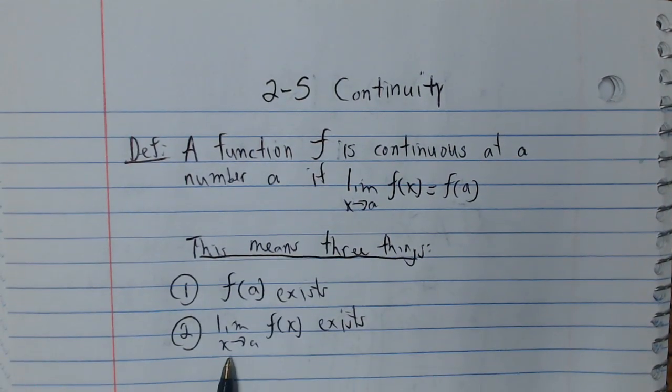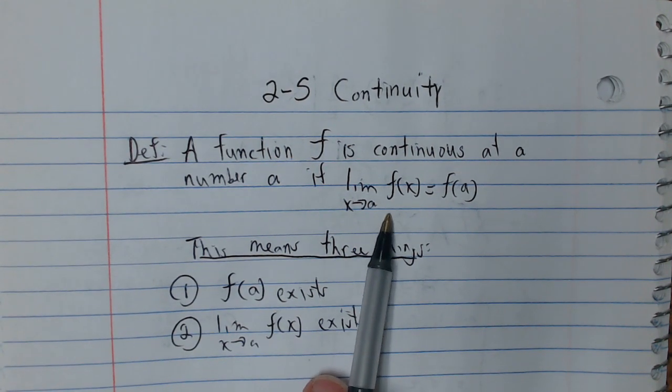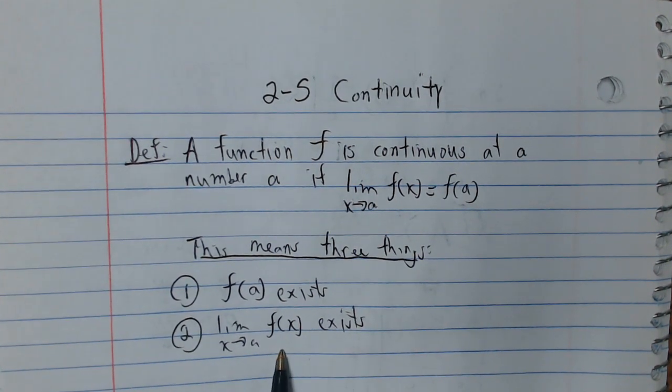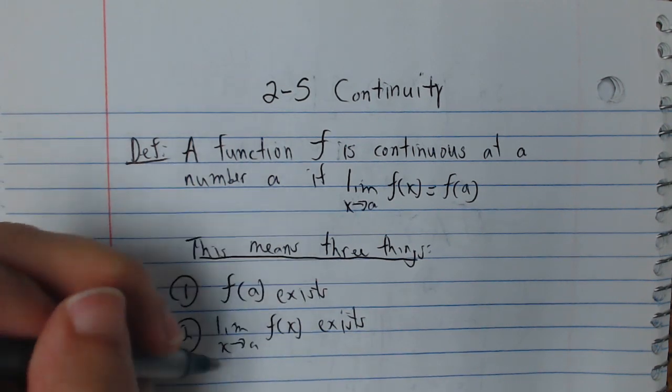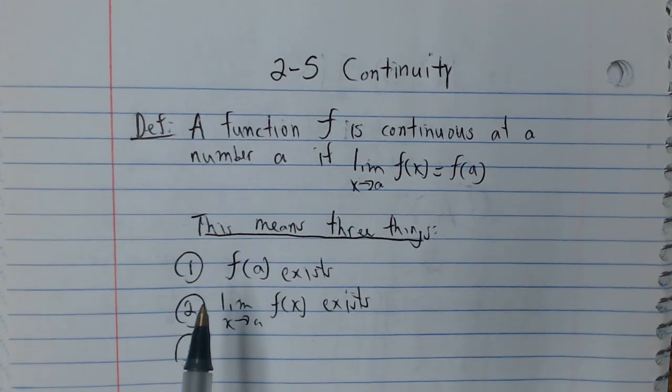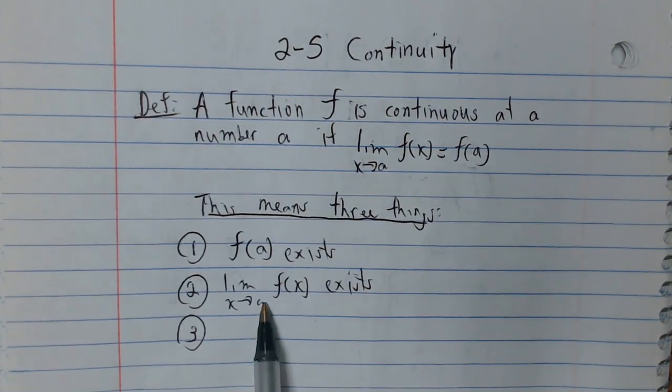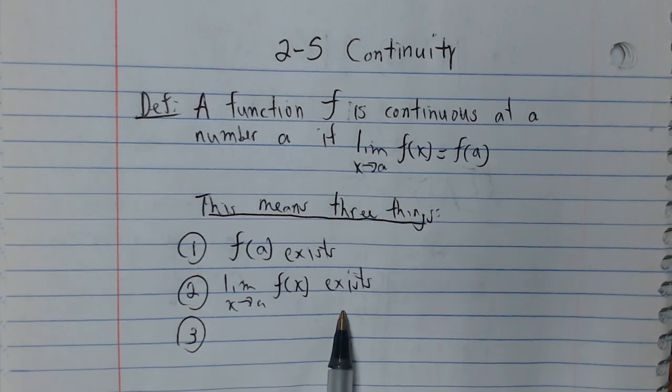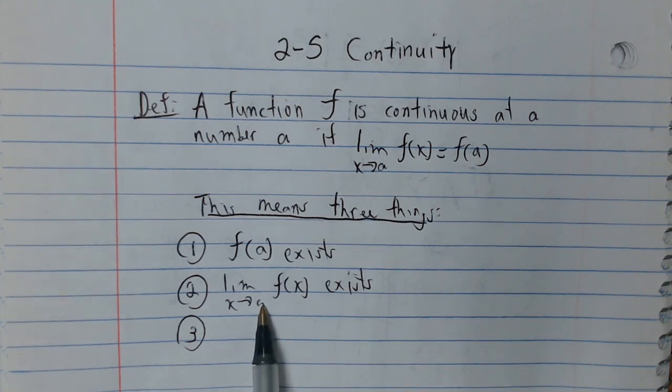So in other words, this two-sided limit must exist. And see, just because f of a exists and the limit as x approaches a of f of x exists, it doesn't necessarily mean that my function is continuous at x equals a.